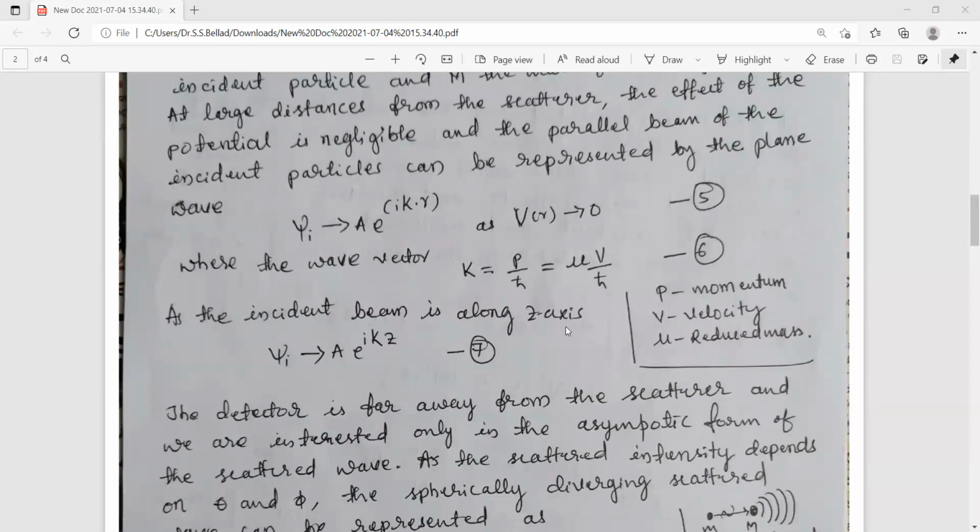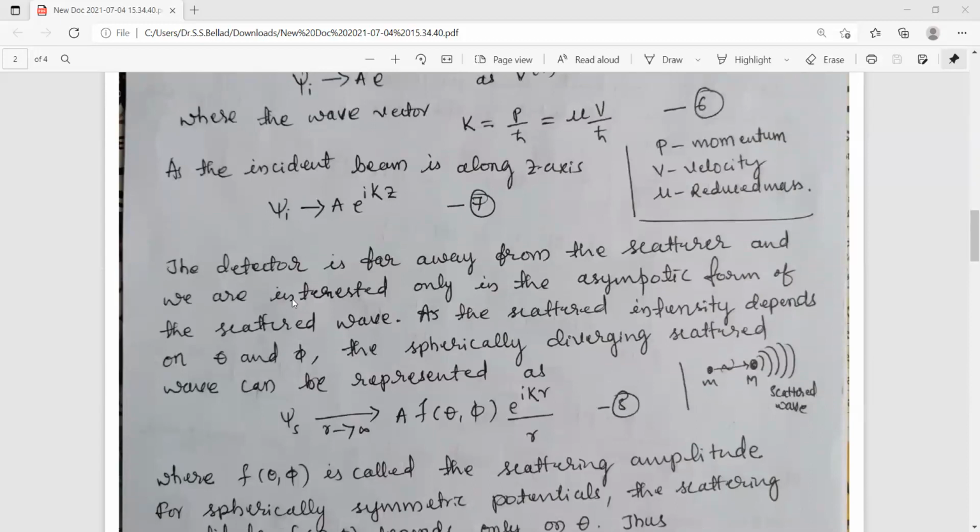As the incident beam is along the z axis, we can write this equation 5 as psi I equal to A e raised to i k z. Here I represents that this is the incoming particle or incoming wave.